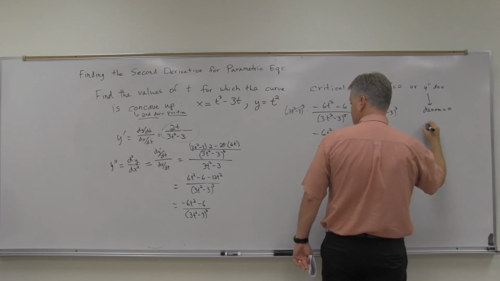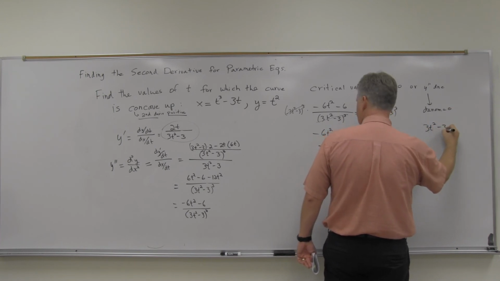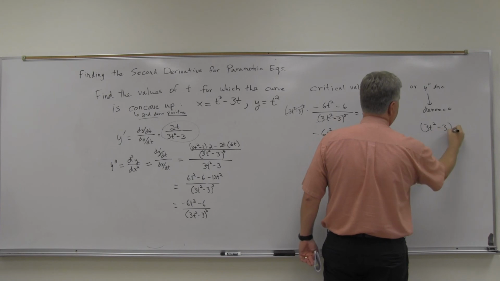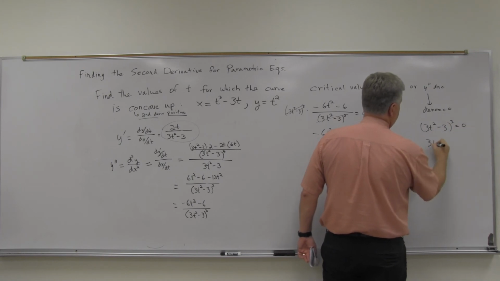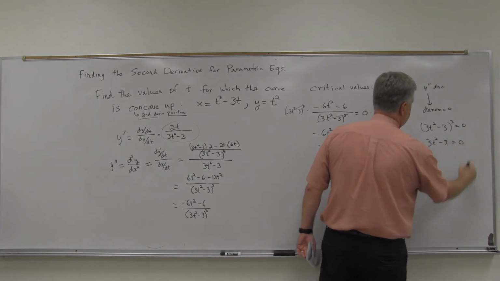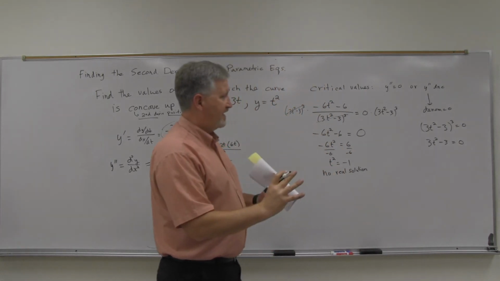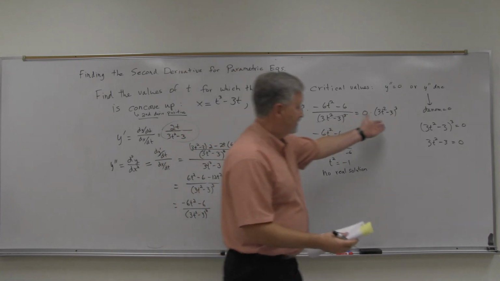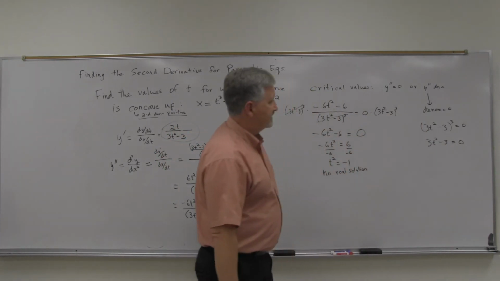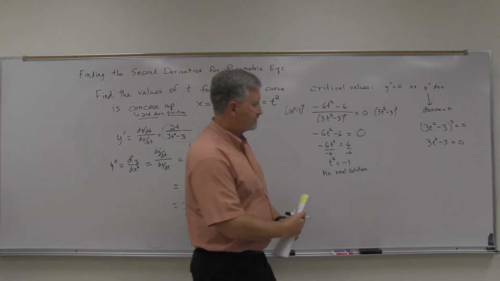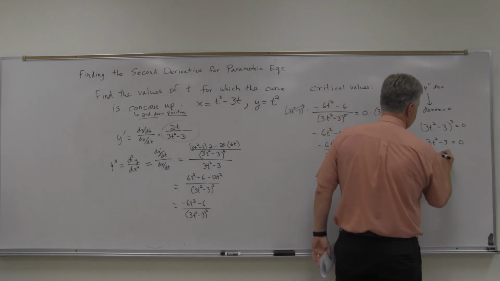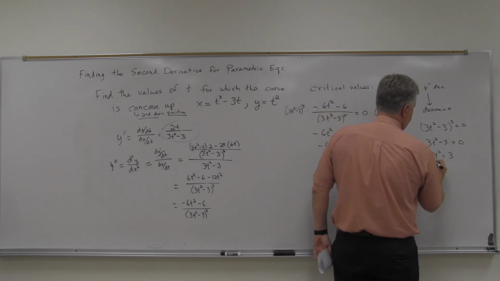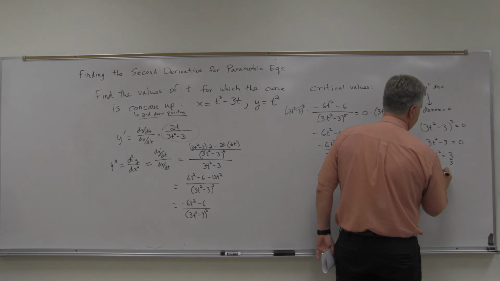So 3t squared minus 3 cubed equals 0, so 3t squared minus 3 equals 0, just cube rooting both sides. That actually has solutions. Add 3, divide by 3, you get t squared is 1.